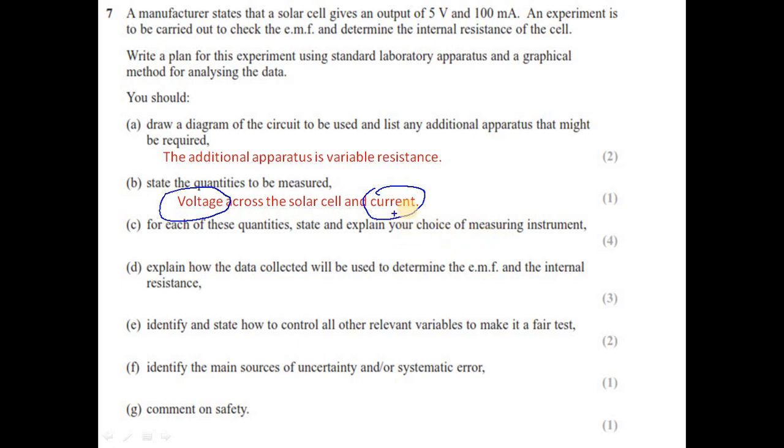And the choice, why is that? Because if you're looking at the range, the voltmeter range should be greater than or equal to 5 volt, and the ammeter range should be more than or equal to 100 milliampere.